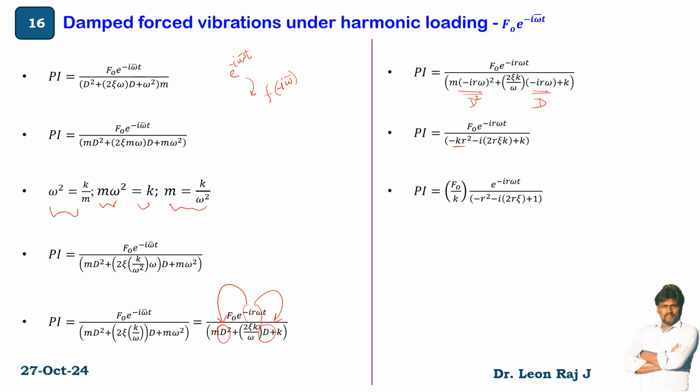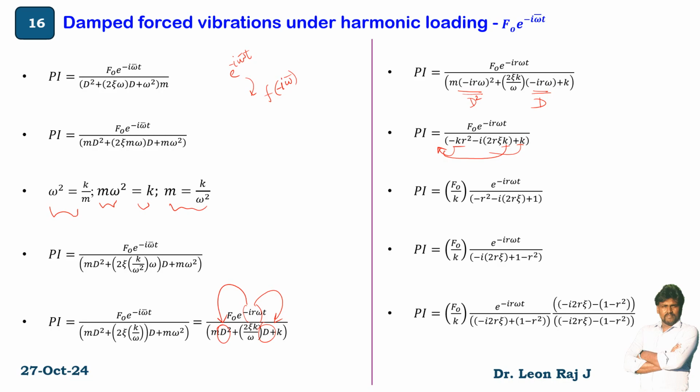Just take this k term out of the parenthesis. You will get f0 by k e power minus I r omega t divided by minus r square minus I into 2r xi plus 1, and by taking this term minus I into 2r xi divided by 1 minus r square.